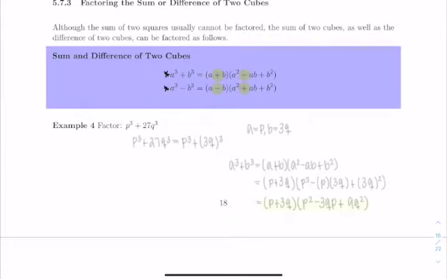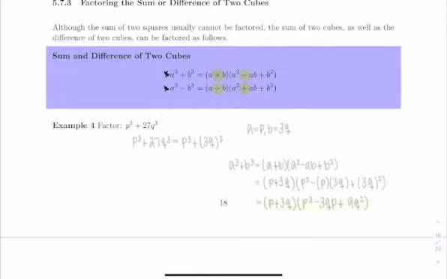So let's go ahead and factor p cubed plus 27q cubed. So we know that the first term is definitely a perfect cube because it's p cubed. But what about the second term, 27q cubed? Can I rewrite this so that when I cube it, I get 27q cubed? Well, the cube part is pretty easy, but what about 27?